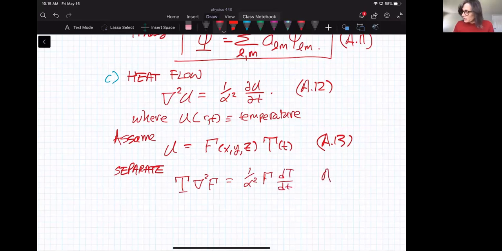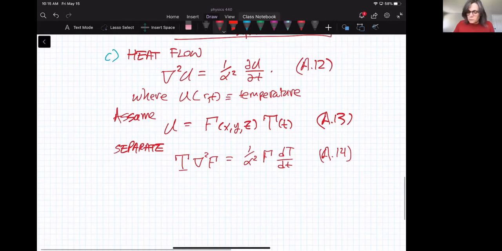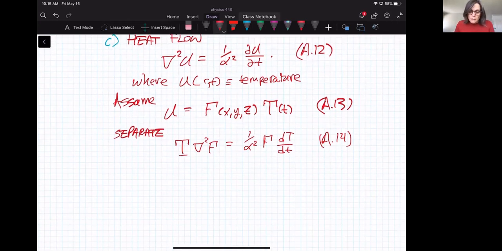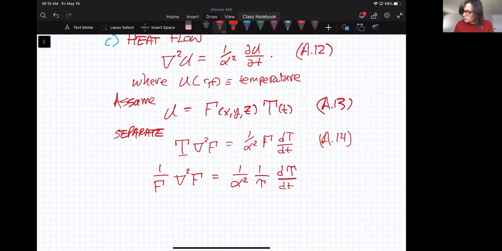And recognize too that these are not partial derivatives, right? The whole point of separation of variables is not to do the partial derivatives, but to do the exact derivatives. So that means that we can write this as 1 over F times del squared F is equal to 1 over alpha squared, 1 over T, dT dt.